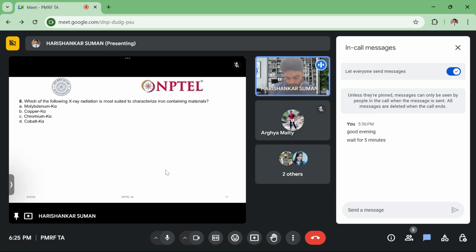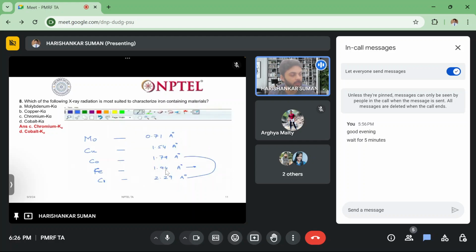So the answer is C and D: chromium K alpha and cobalt K alpha.